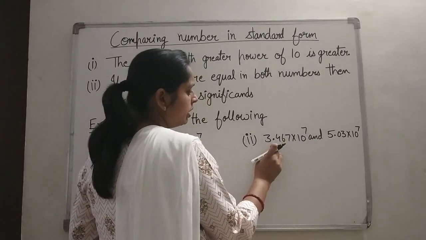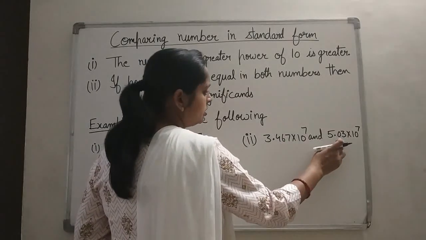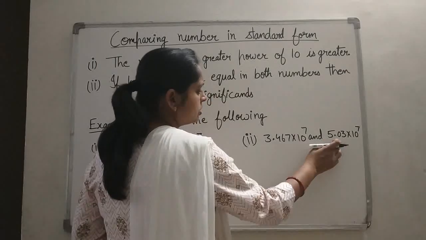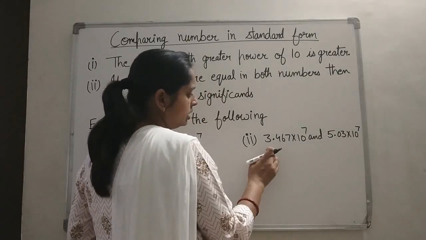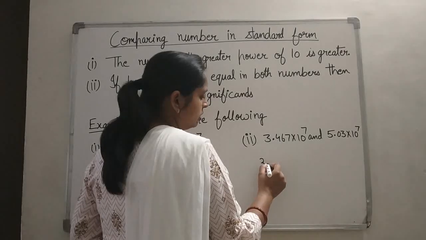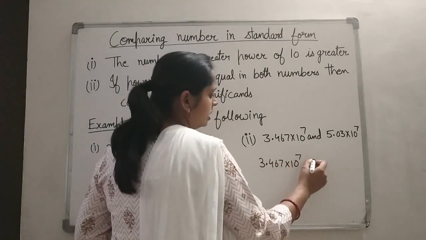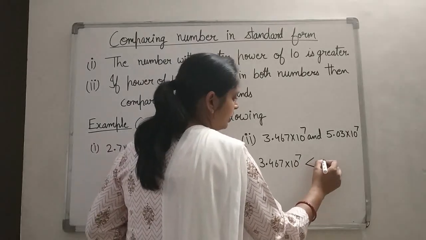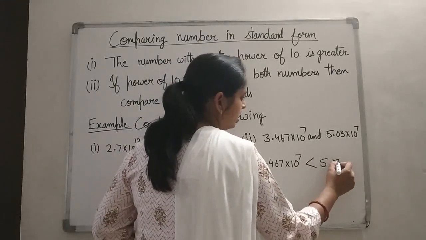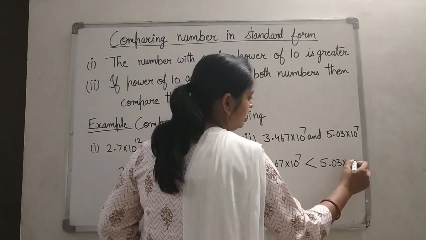So 3.467 and 5.03. Obviously 5.03 will be greater than this, hence 3.467 into 10 to the power 7 is less than 5.03 into 10 to the power 7.